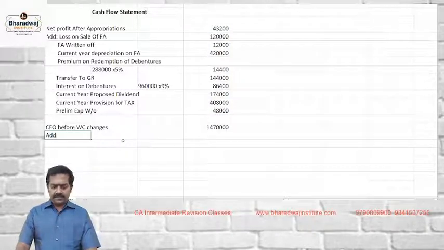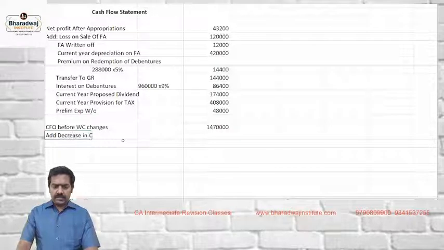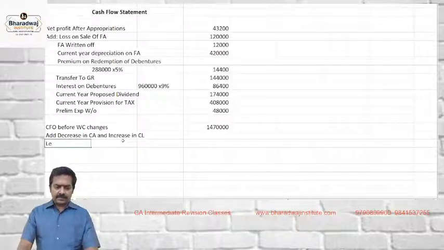Then add decrease in current assets and increase in current liabilities, less increase in current assets and decrease in current liabilities.